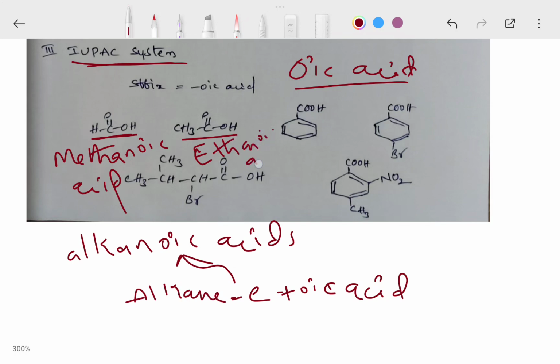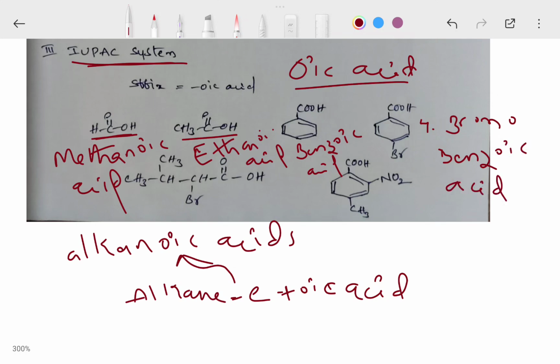For example, a benzene ring having a COOH group is called benzoic acid. For example, this compound is called 4-bromobenzoic acid, or we can also call it para-bromobenzoic acid.